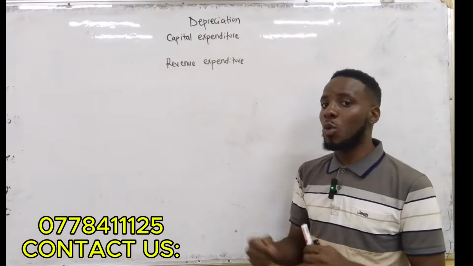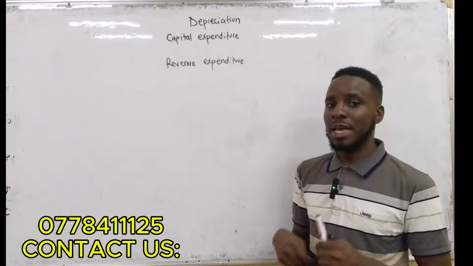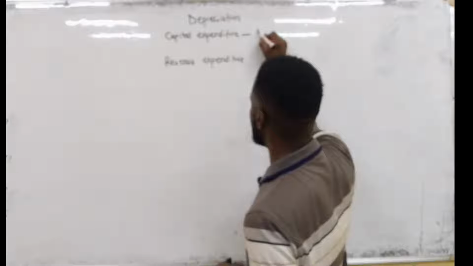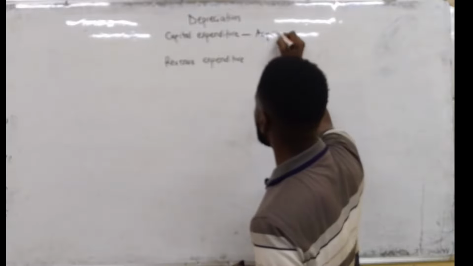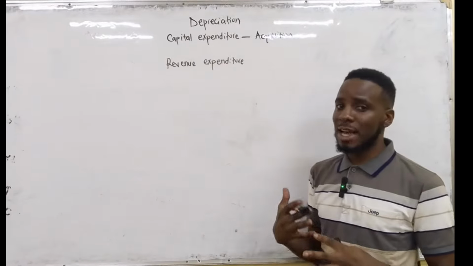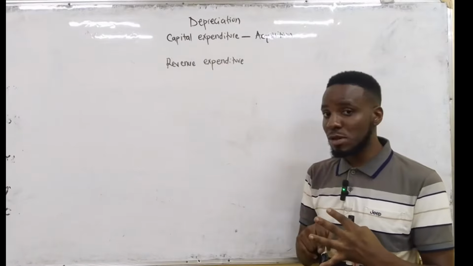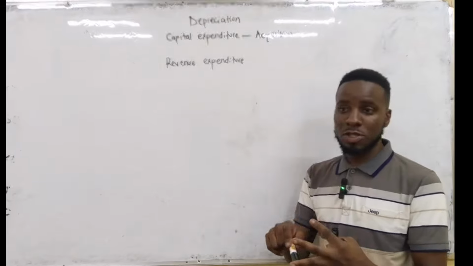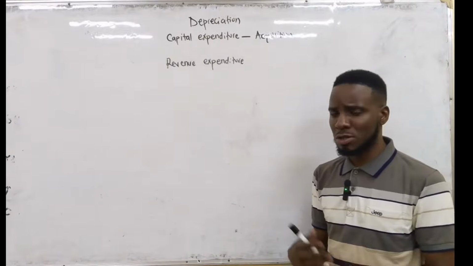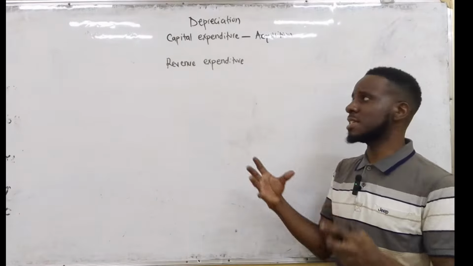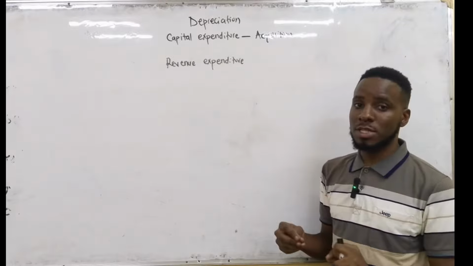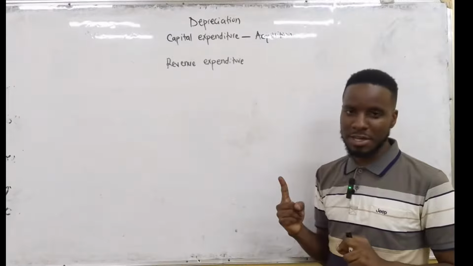Meaning, if we are going to acquire a non-current asset, the amount of money that we incur in the acquisition of a non-current asset is what we refer to as capital expenditure. Therefore, this is looking at us acquiring a non-current asset, maybe from the place we are buying it from, the transportation costs of transporting it to the place where it's going to be working from, and also things like installation costs. All those things amount to what we call capital expenditure. So, capital expenditure, these are costs incurred to acquire a non-current asset.